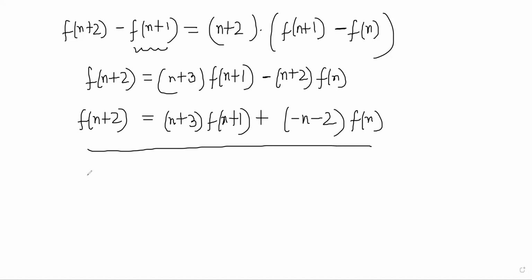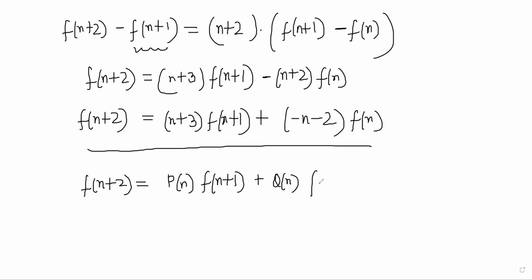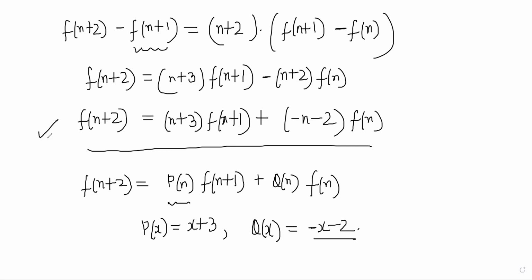We wanted to find p of x and q of x such that f of n plus 2 was equal to p of n f of n plus 1 plus q of n f of n. And now clearly we can take p of x as x plus 3 and q of x as minus x minus 2, because we have established this identity, right? So we have found two polynomials p of x and q of x for which this is always true for positive integers n greater than or equal to 1. And that completes the proof.